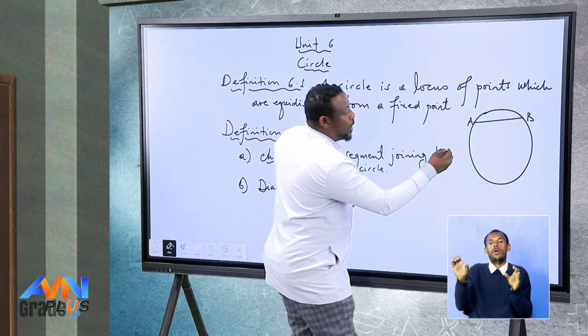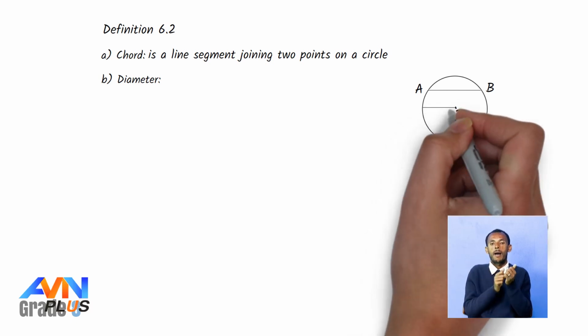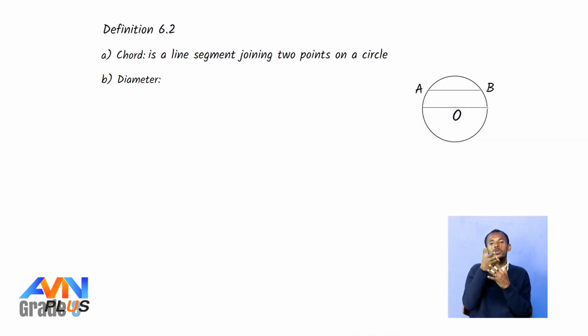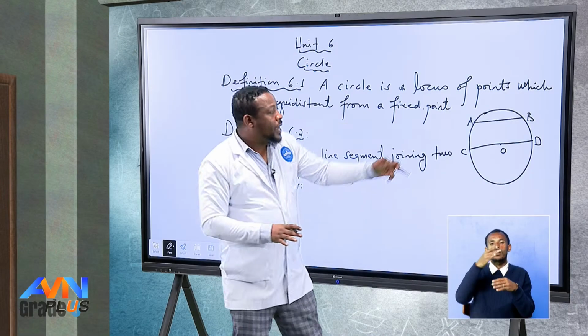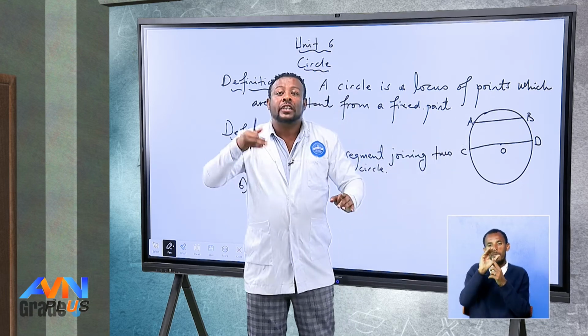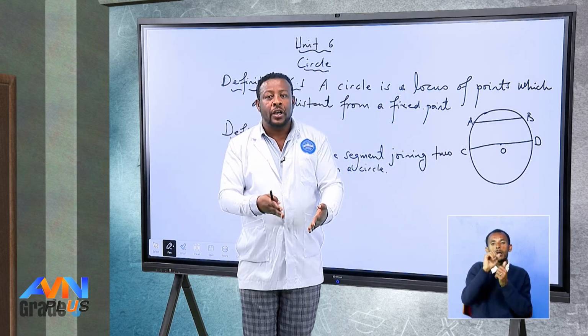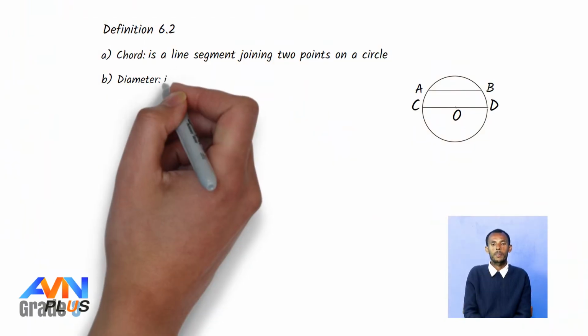Assume the center of the circle is somewhere here with center O. The diameter is a chord passing through the center and joining 2 points on the circle. It can be sketched in any manner, but it should pass through the center.